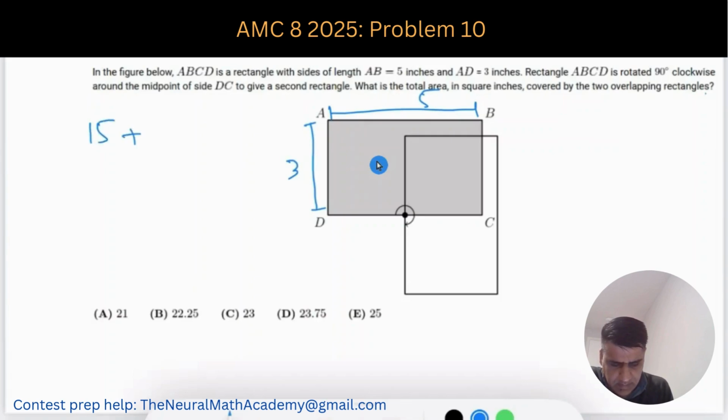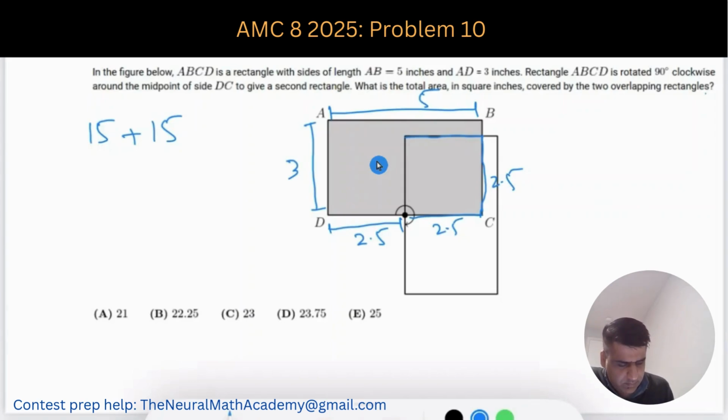So we will have then area like 15 plus 15 before rotation and after rotation. However, we have to remove the overlapping area for one of the times. So for that, what we can do, since it is rotated around the midpoint, this dimension is 2.5. And if you see, then these dimensions, each of that will also be 2.5 and 2.5.